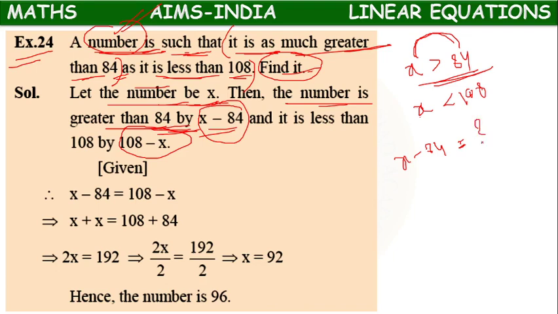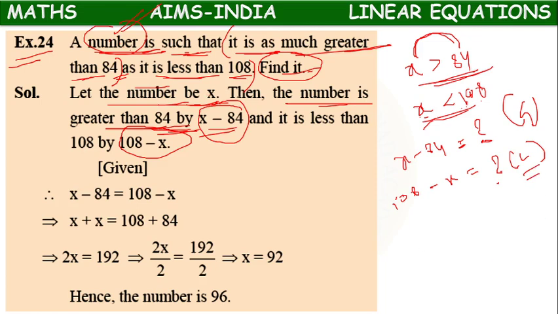It will tell how much greater. Now x is less than 108, but how much less than 108? As 108 is bigger, from 108 we have to subtract x, then we will get how much less.